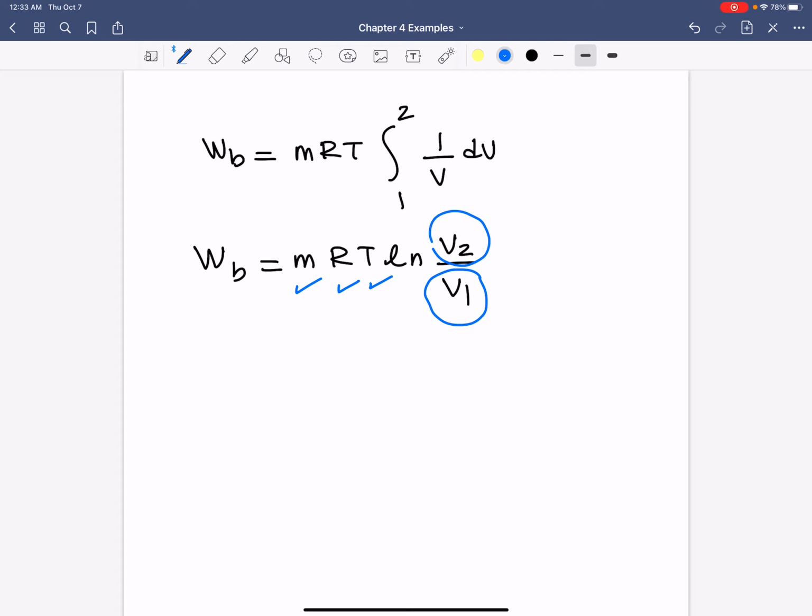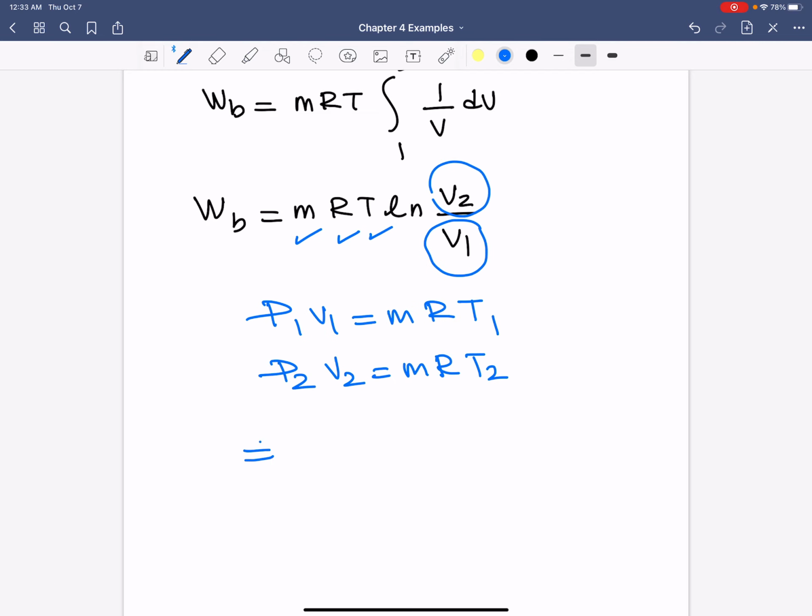Well, we don't. But if you remember, we know this relationship: P1 V1 is equal to MRT1, P2 V2 is equal to MRT2. If you solve both of them for MR, because this is a constant, the term will stay the same for the first and the second state.